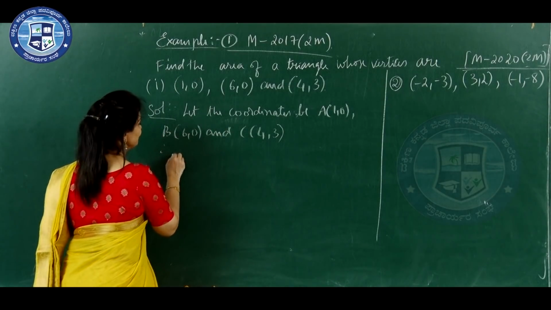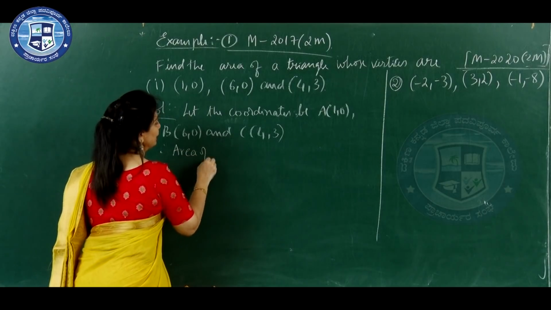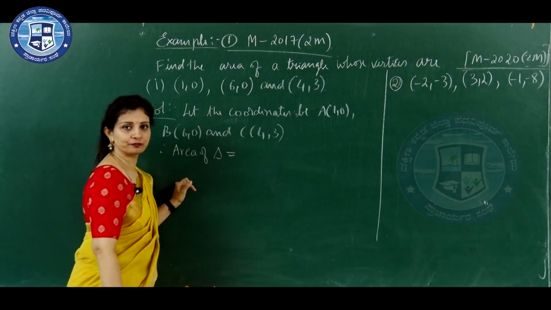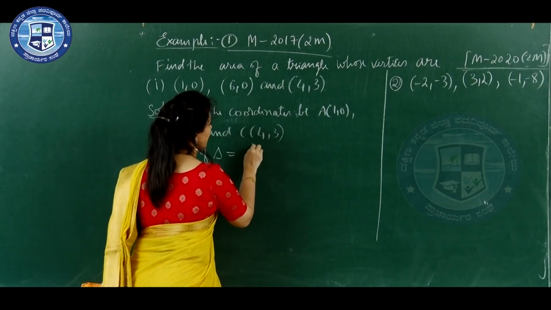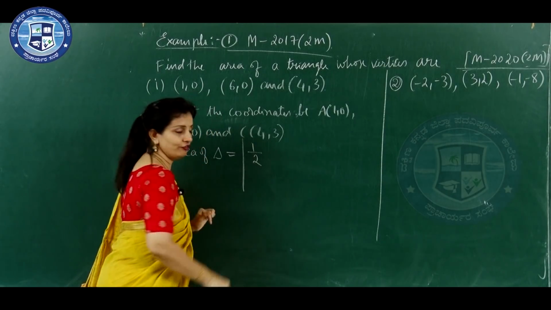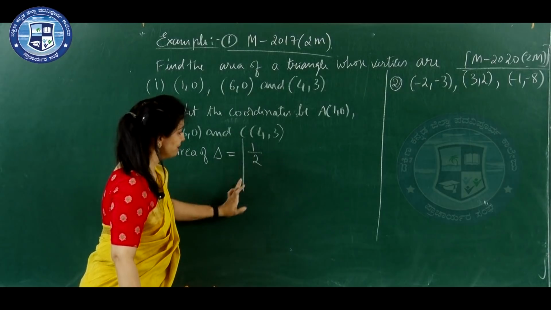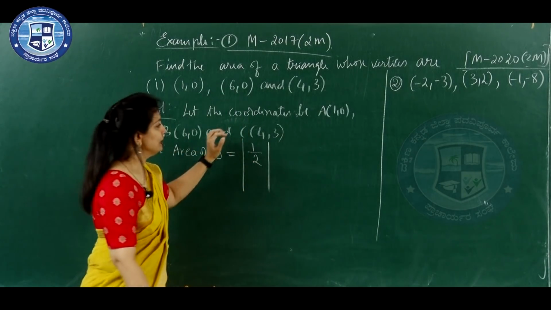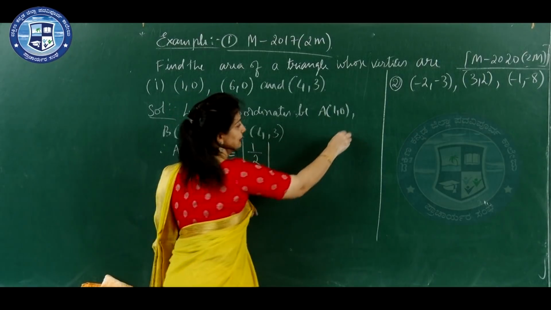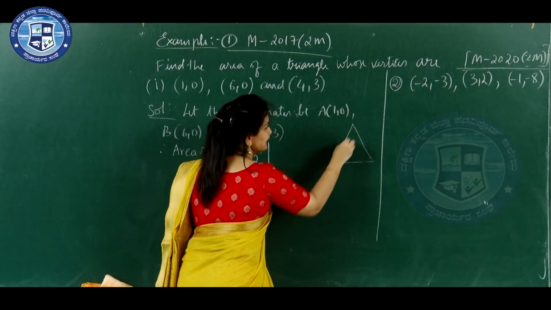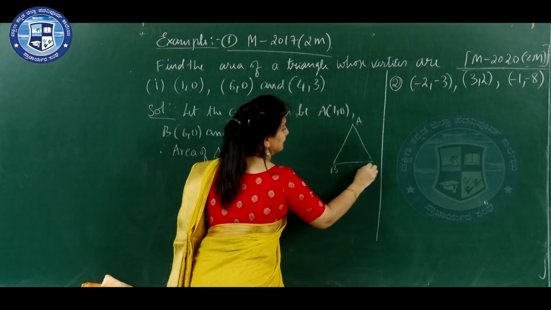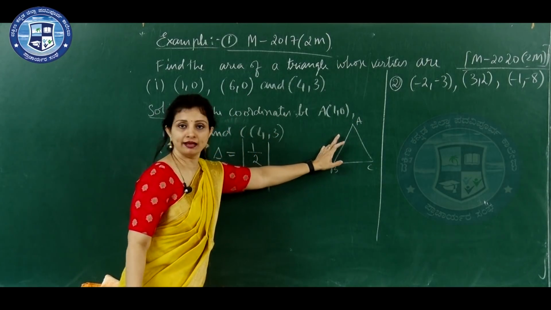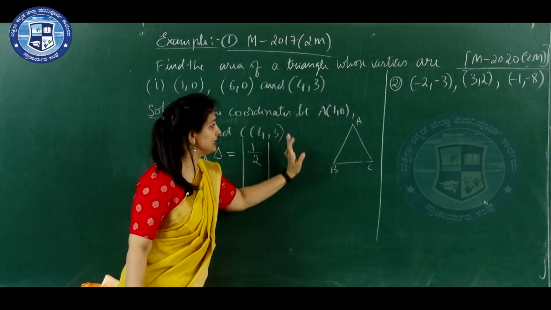Now, therefore, area of triangle is equal to the absolute value of half into the determinant of, look at this, the vertices are ABC and the coordinates are known.